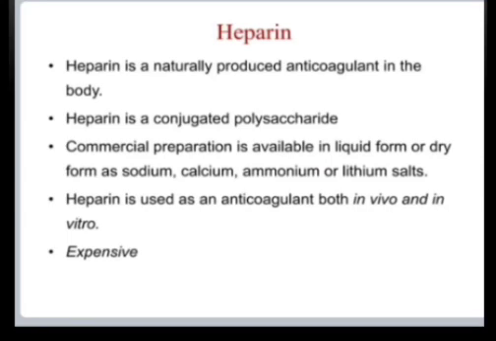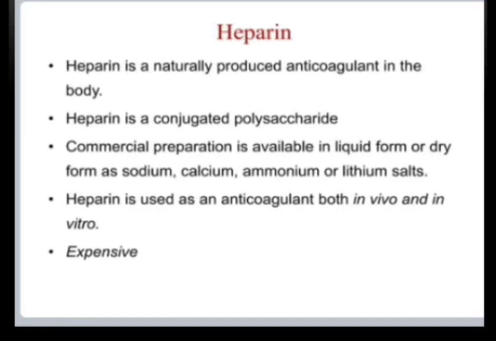Anticoagulants. Anticoagulants are substances that inhibit the blood from coagulating. There are natural anticoagulants and there are also synthetic, or man-made, forms of the anticoagulants. If you notice, blood is always in a liquid state in the body.